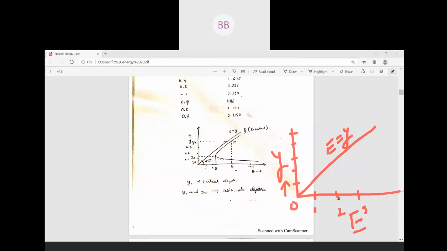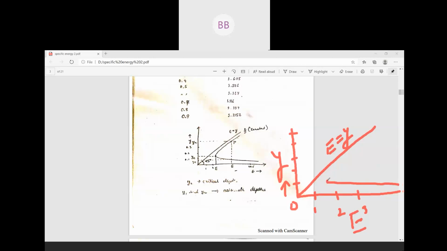Now, when depth of flow is 0.1, we will get a maximum value here. So what happens once we are increasing the depth of flow, our specific energy reduces, and it reaches a point.